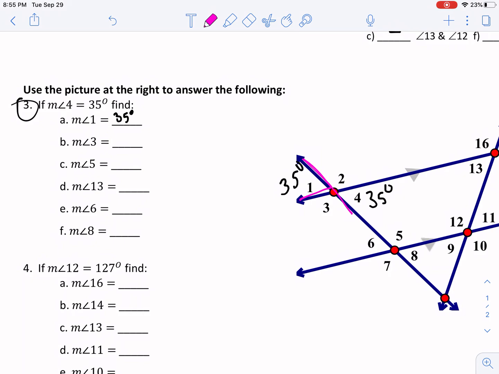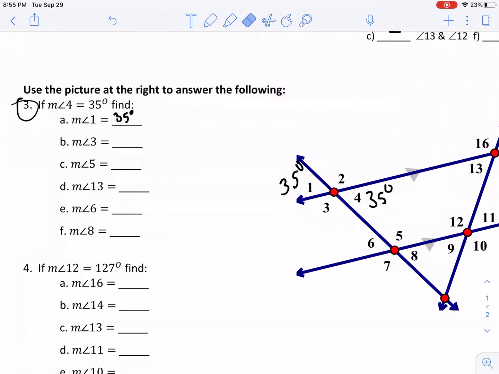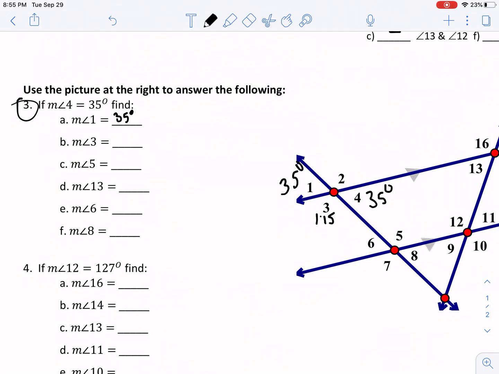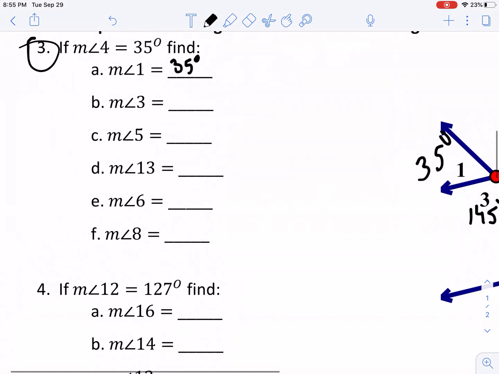They're supplementary. In other words, they add to be 180 degrees. So angle 3 plus angle 1 here has to add to be 180. We'll take 180 minus 35 and we'll get angle 3. What's 180 minus 35? 145? Okay. So angle 3 here, there we go, is 145 degrees.